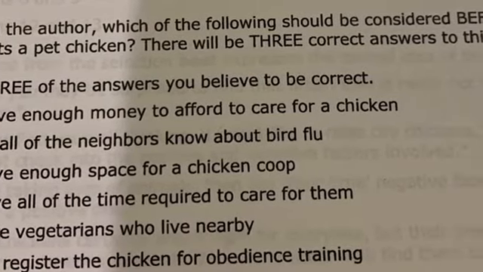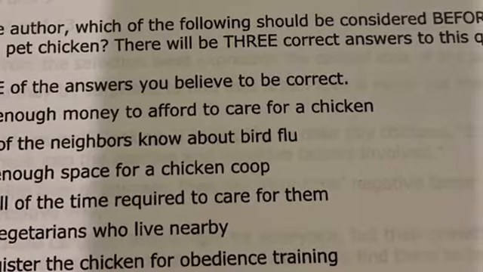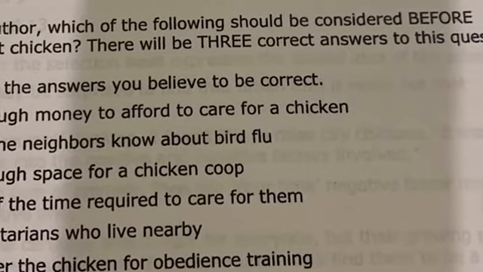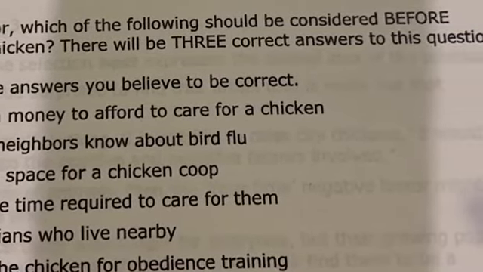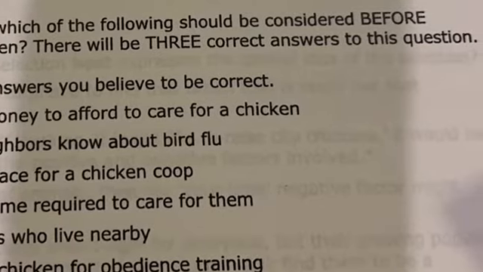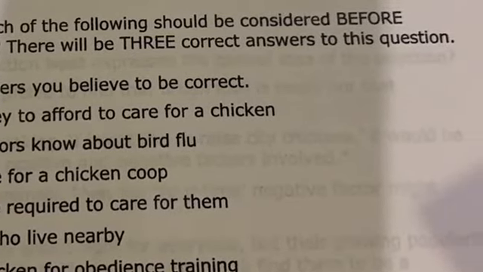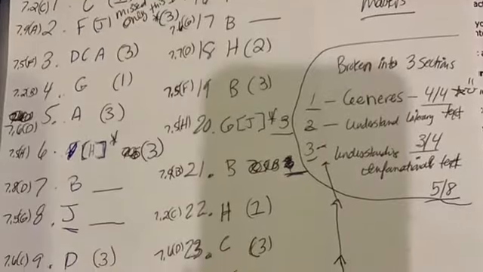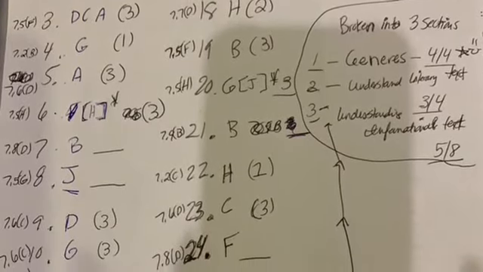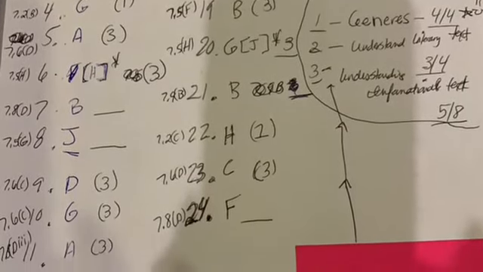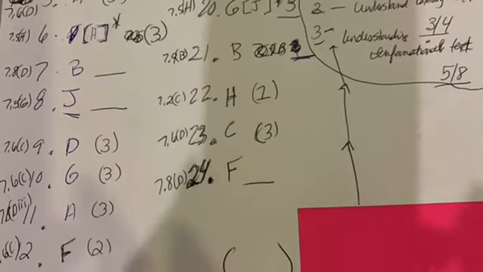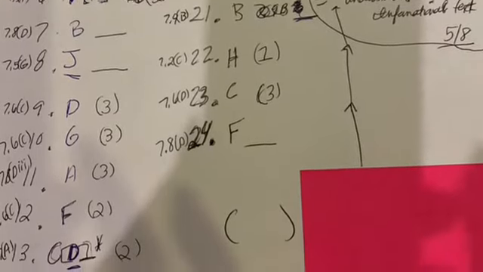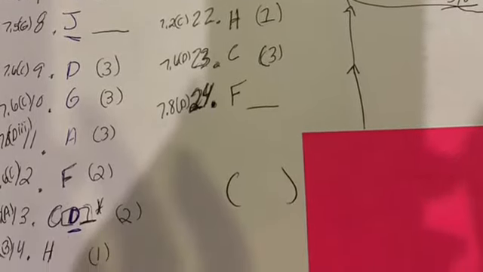Remember, this was saying that the author wanted to know which of the following should be considered before you get chickens, okay? All right, now we're going to be moving on to number 4 next. The correct choice is G. It came from section 1, and it's over TEK 7.2B.